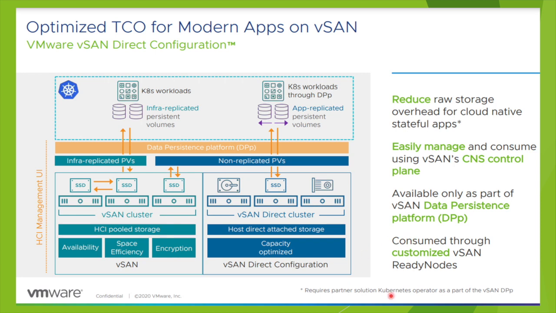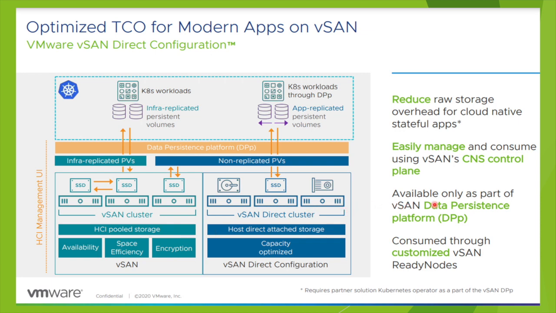This again comes with reduced raw storage overhead for cloud native stateful apps, so we do not need to use a lot of storage. The benefit, of course, is easy management and consumption using the vSAN CNS control plane, which we saw in the previous slides as well, the CNS side which was there.